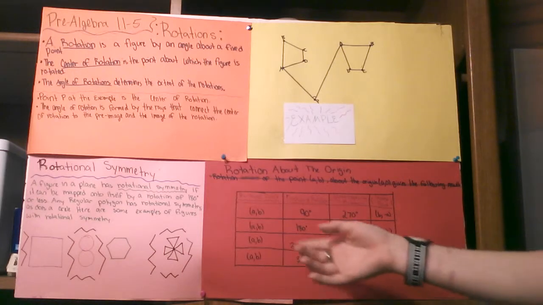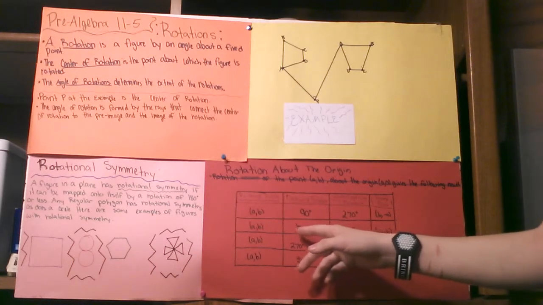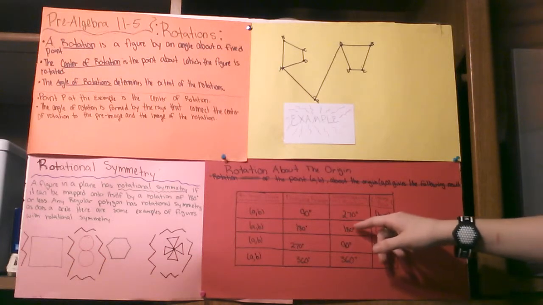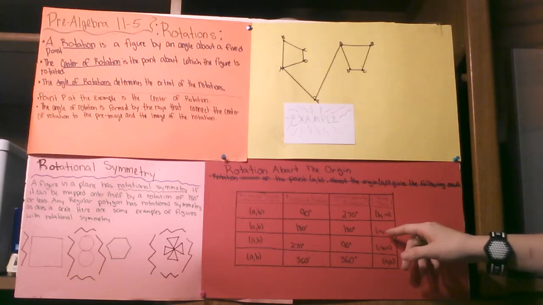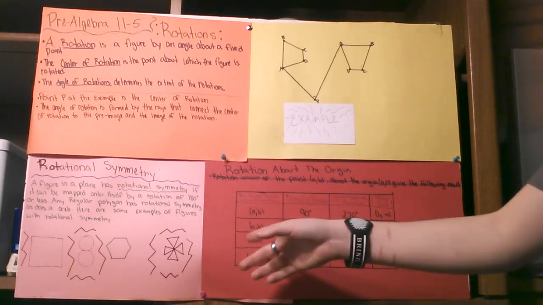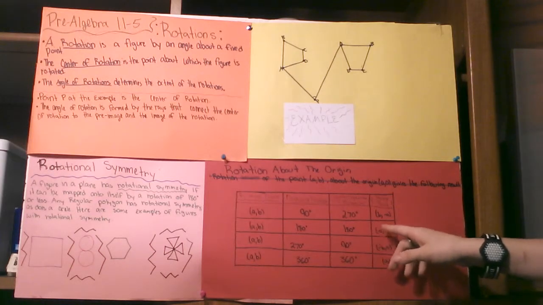It's the same way with the next pre-image point, (a, b) again. The clockwise rotation is 180 and the counterclockwise rotation is 180 degrees again. The image point would be (negative a, negative b). Same thing, with 3, 4 it would be negative 3, negative 4.